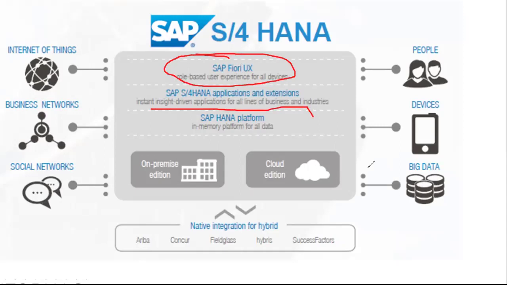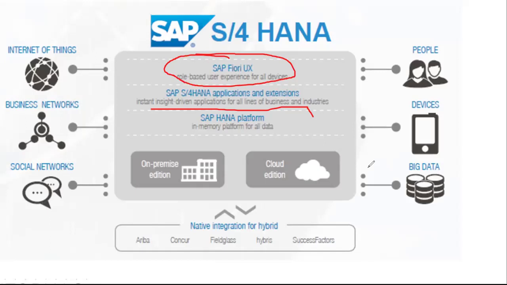For example, if I have an application delivered by SAP and I want to add custom fields to that application, I can do that. There are two different possibilities here, called in-app extension and side-by-side extension. These are part of the S4 system, so this is supported.